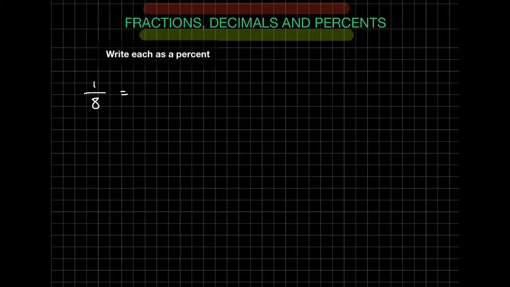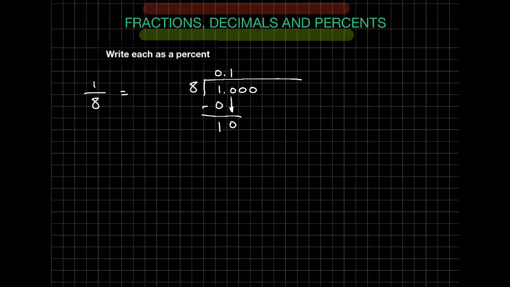Okay, 1/8. So we're saying that that's 1 divided by 8. Okay, 8 goes into 1 0 times. 0 times 8 is 0. And 1 minus 0 gives us 1. And we bring this 0 down. 8 goes into 10 once with 2 left over.